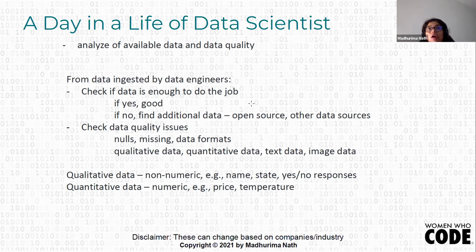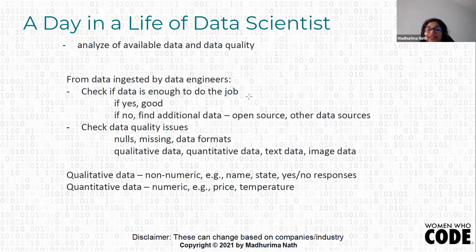Let's say all the values or all the things that I thought I would get from the data have so many missing values that I cannot find any kind of patterns from there. What do I do then? So there are data quality checks, data formatting issues.